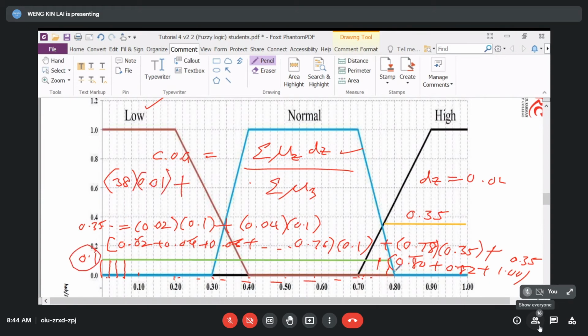Plus, now 0.78 is over here. Then you have your 5 and 10, 11, correct? Then 0.35. Clear? 0.35 because I'm summing up all my memberships. So I take 0.1, 0.1 here, every sampling point, sum up until here, and then I move to 0.35.